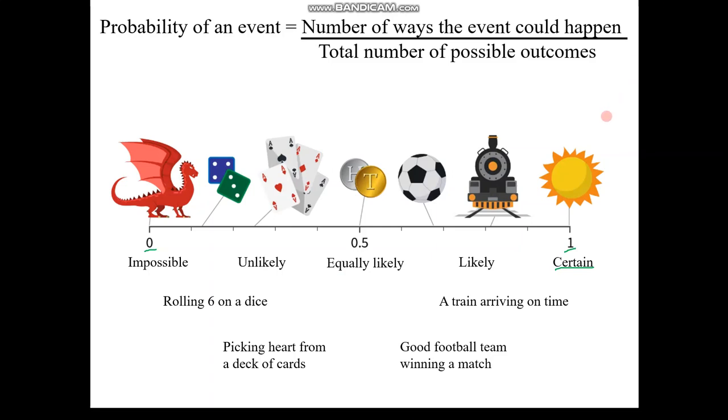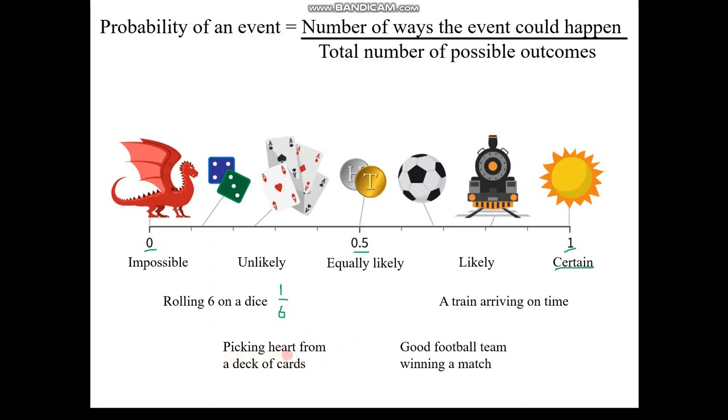What about equally likely events? If I toss a coin, I will get either head or tail. So its probability is a half, as you see here. When I roll a die, I can get 1, 2, 3, 4, 5 or 6. So having 6 is 1/6 probability.